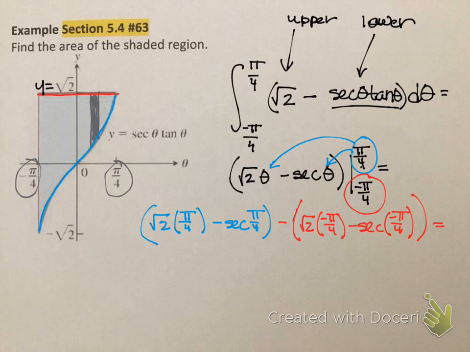So this just gives me a rad 2 pi over 4. Secant of pi over 4, that's in quadrant 1. That's the reciprocal of the cosine of pi over 4, or the cosine of 45 degrees, which is just 1 over the square root of 2. And so when I take the reciprocal, I will get the square root of 2.